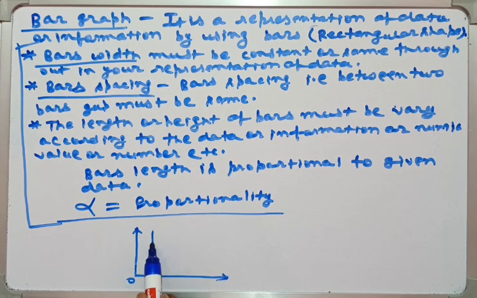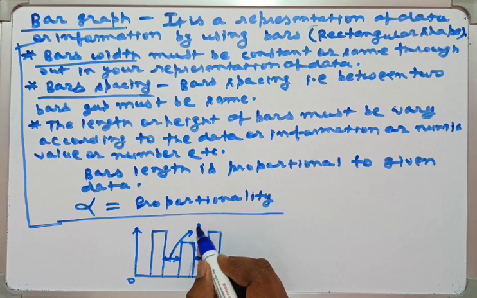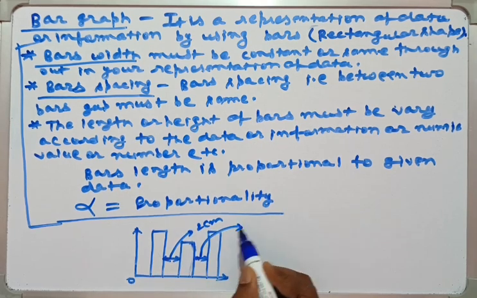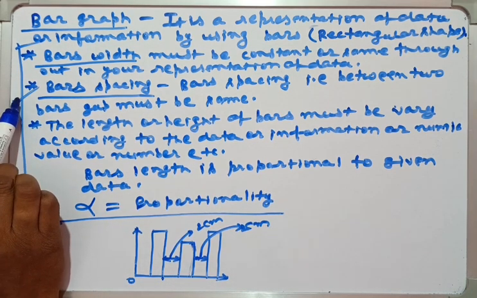Now suppose this one is one bar here, here is another bar, and this one is another bar. So the gap between these two must be the same. Suppose this one is 2 centimeters, so this must be 2 centimeters. I think this point is clear to you.